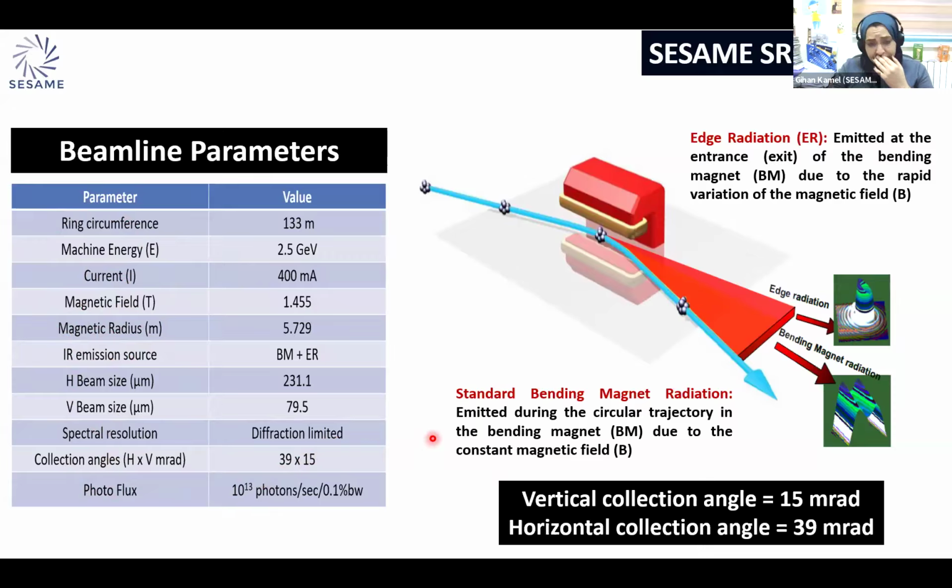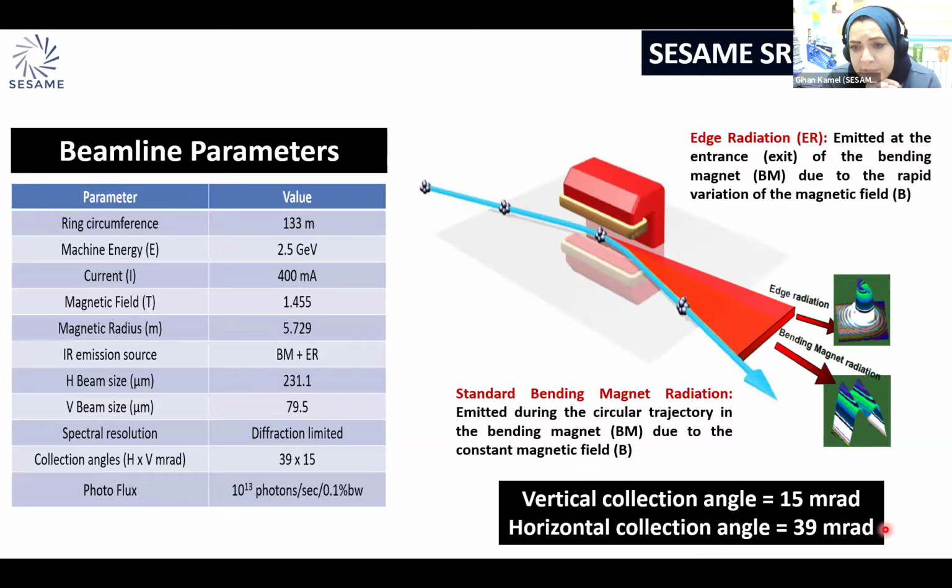So what we have here is a vertical collection angle of 15 milliradian, and for the horizontal collection angle, we have 39 milliradian. This depends a lot also on the mechanical constraints of the storage ring, how far we can extract infrared from such a facility, because synchrotrons are basically X-ray facilities, and infrared has to be uniquely designed in order to be able to extract infrared.